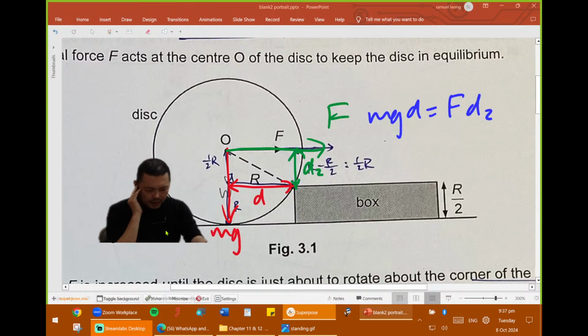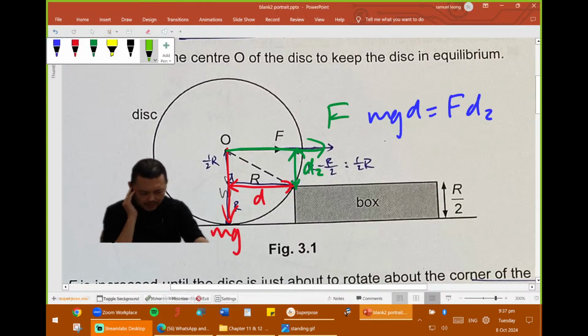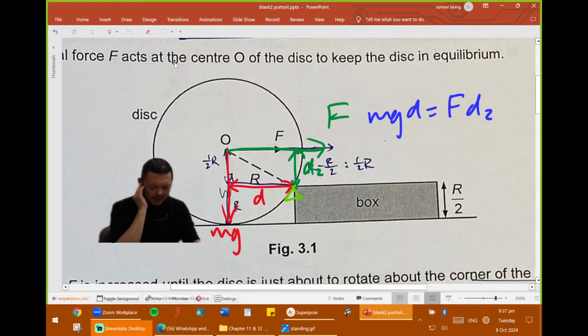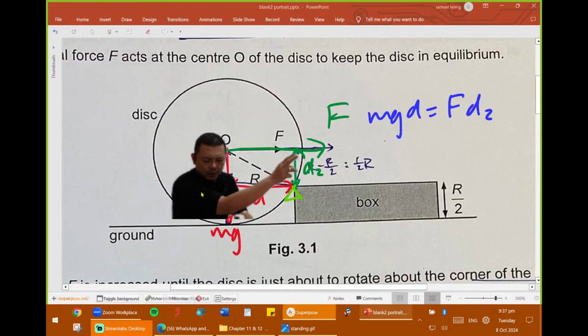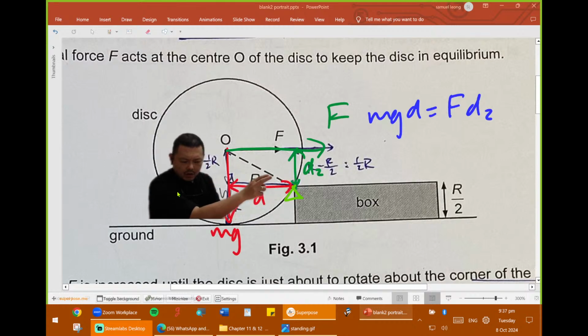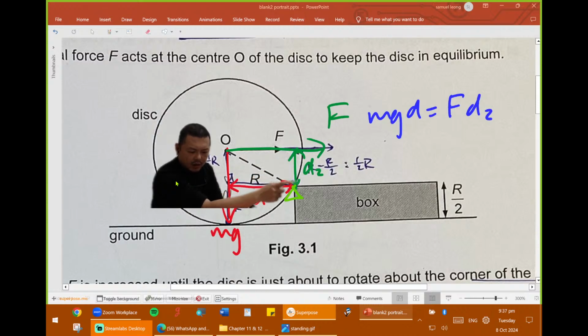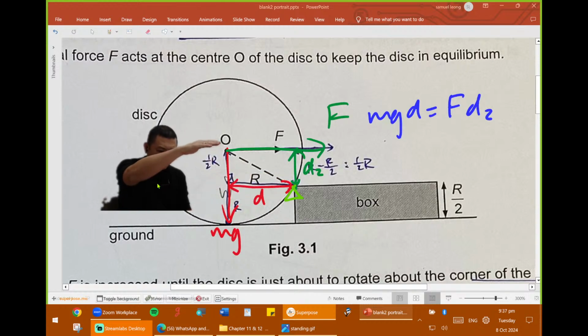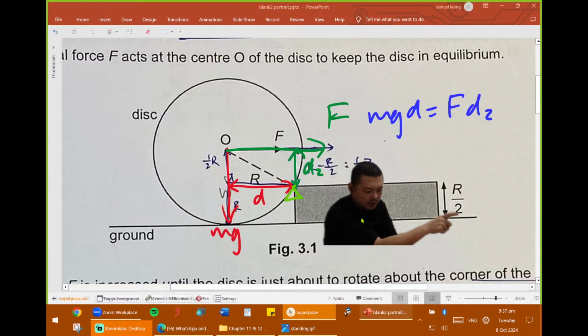D2 is r over two. You're talking about this distance here? Yeah, that's r over two, because the radius of the circle is here, and the box is r over two.